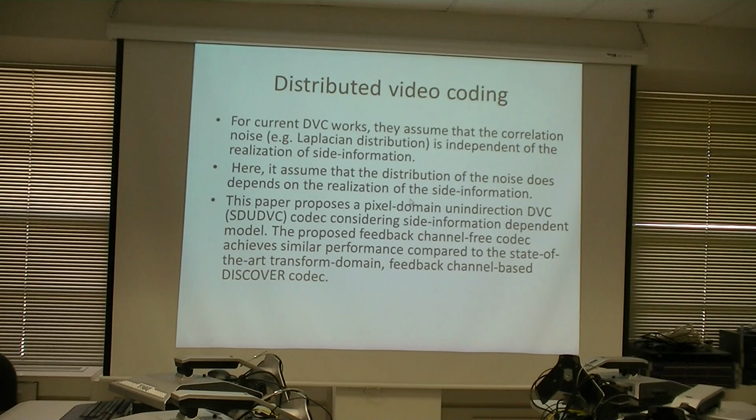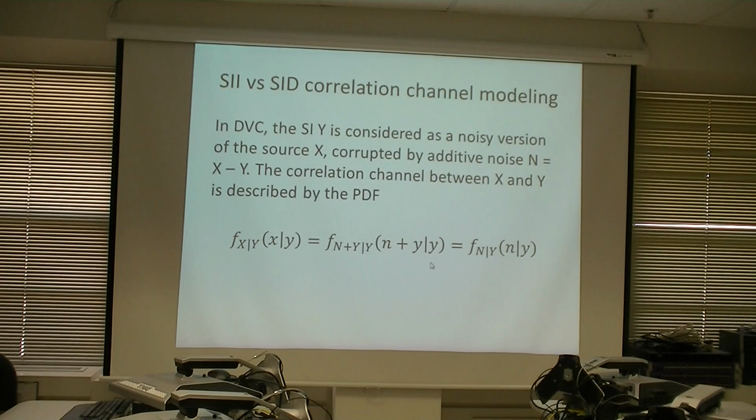Based on this technique, the paper proposed a pixel domain omnidirectional DVC codec, which is a feedback channel-free codec and can achieve similar performance compared to the state-of-the-art transform domain feedback channel-based DISCOVER codec. Before I talk about the proposed model in this paper, we will first look at the side information independent and side information dependent correlation channel models.